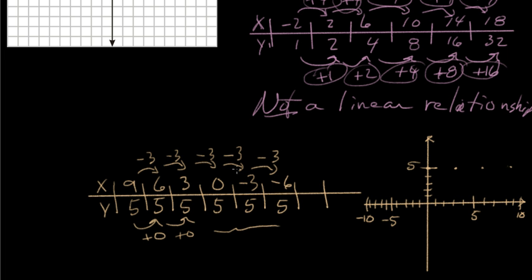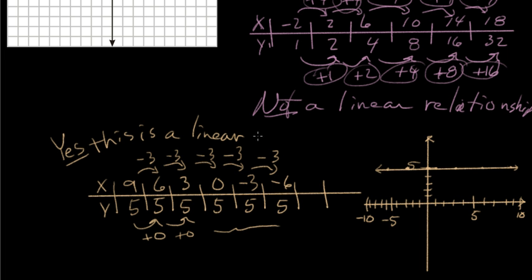Okay, and then back up, you got -3 and 5, which is right here, and -6 and 5, which is right here. And if I draw a nice straight line through all of these points, okay? Yes, it hits all of the points. It's a straight line. So this means yes, this is a linear relationship.